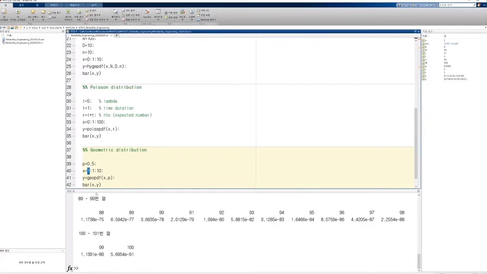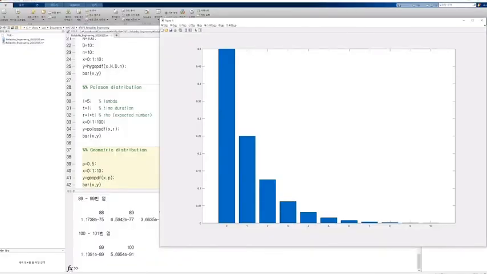So if we would like to use the geometric function in MATLAB, it should be like this. Or we can simply define the function ourselves. In this case, 0 failure, 1 failure, 2 failures before observing the success. This is the case when we utilize the function in MATLAB.